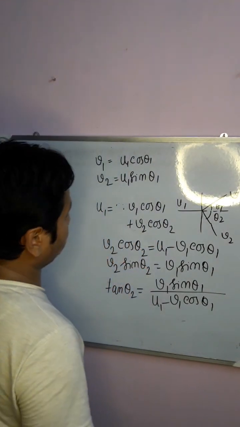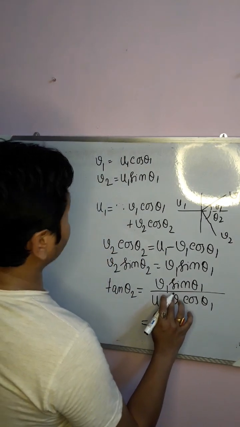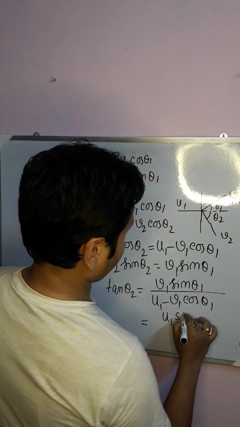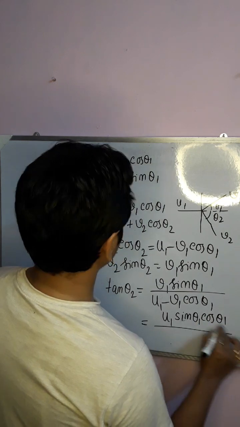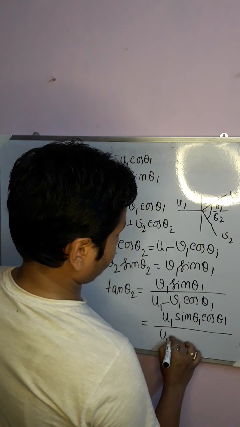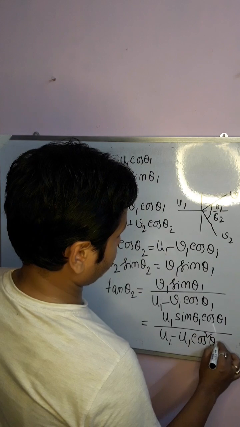So if we substitute the value of v1, that means u1 cos theta 1, so u1 sin theta 1 cos theta 1, and v1 is also u1 cos theta 1, that means u1 cos square theta 1.